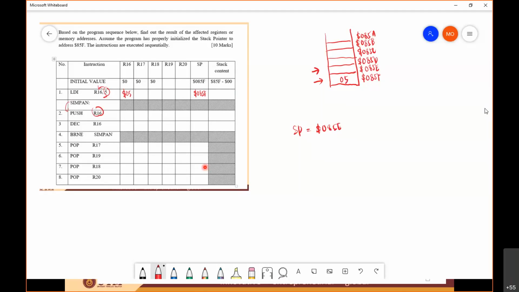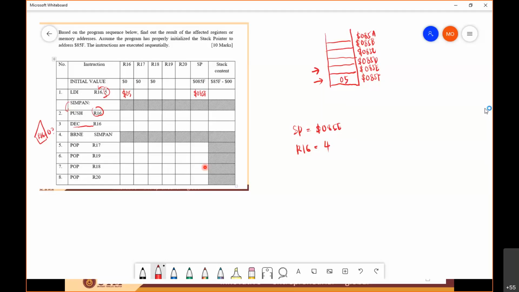And then after that, the third line here, you're going to decrement R16. So the R16 value becomes 4 after you decrement it, and then branch not equal simpan. This means you are going to check whether R16 equals 0.